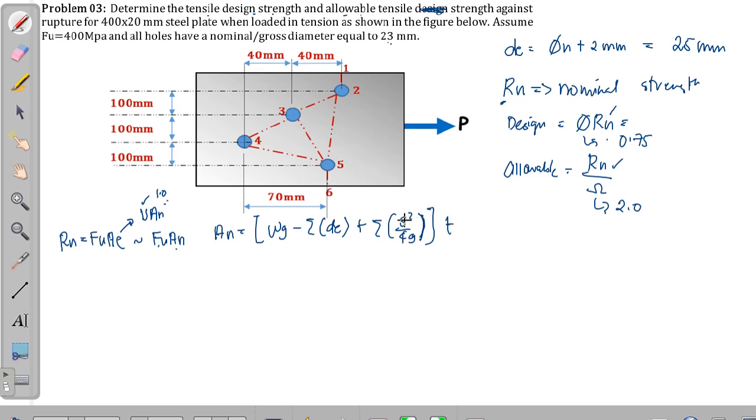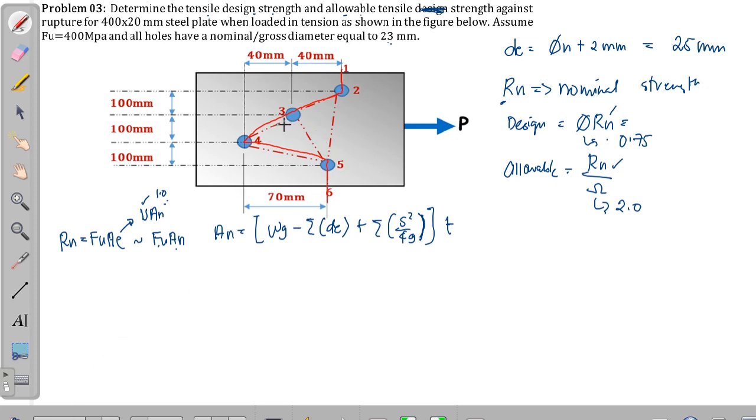Okay? So in the figure, we have here a different path of failure. So kailangan natin kunin lahat ng path of failure to determine our critical net area. Okay? So pwedeng yung failure ng ating plate is from 1, 2, 3, tapos puntang 4, 5, or 6. Pwedeng ganyan yung failure niya.